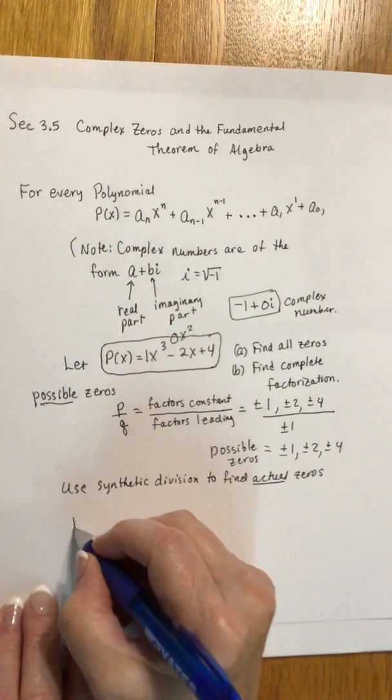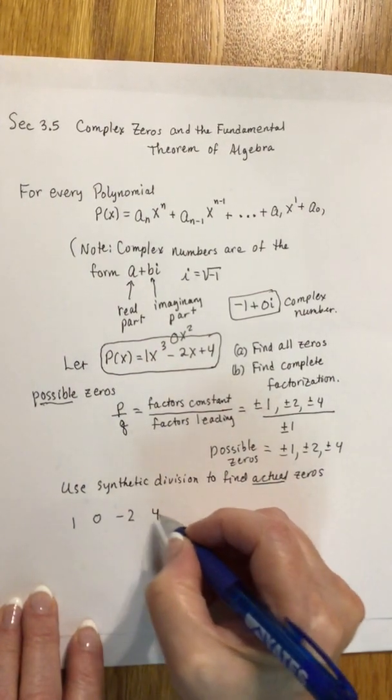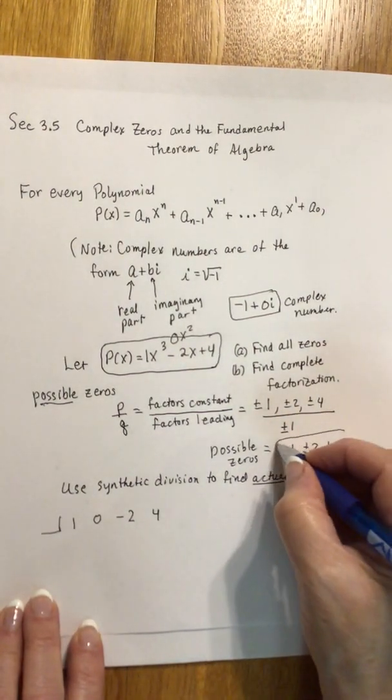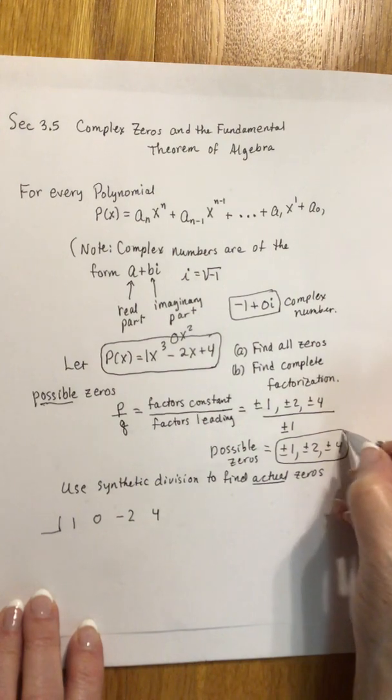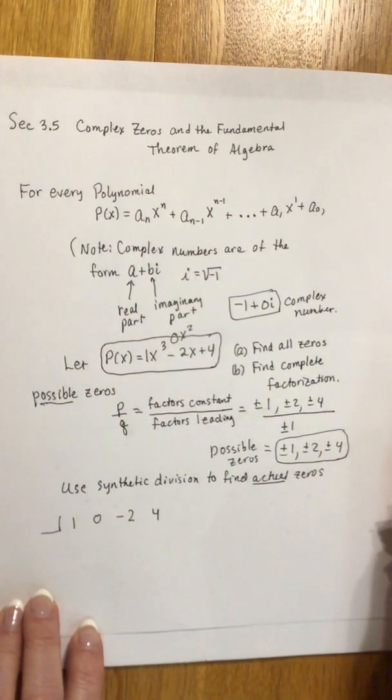So we start out with 1, 0, negative 2, 4. So we're going to pick any number from this list of possible zeros to do synthetic division on. So how do we know if it's an actual 0? Well, it's an actual 0 if our remainder comes out to be 0 when we do it.